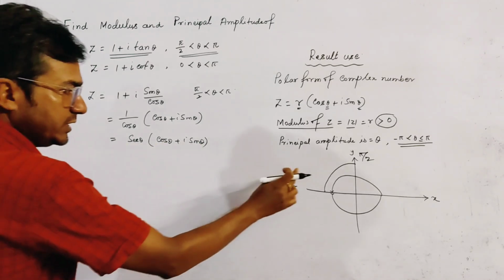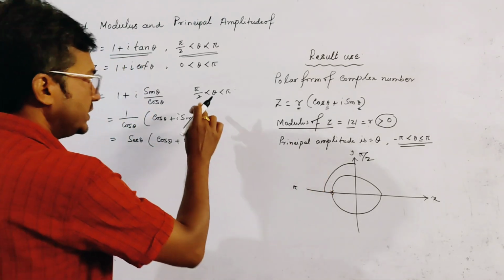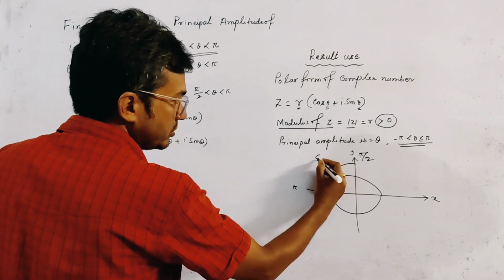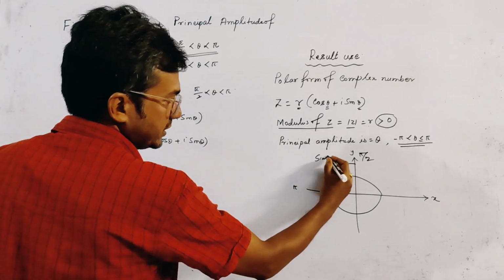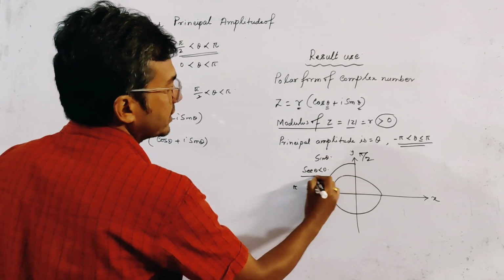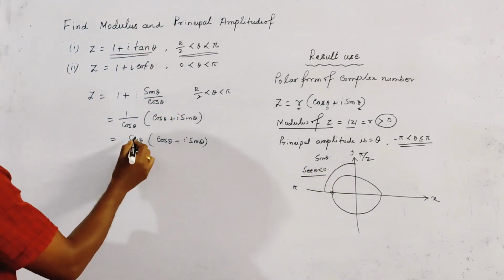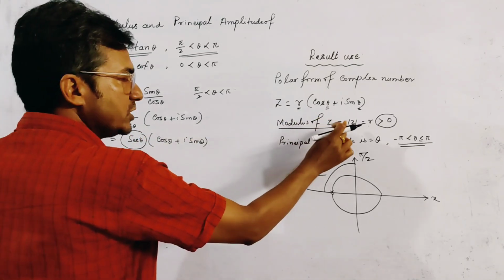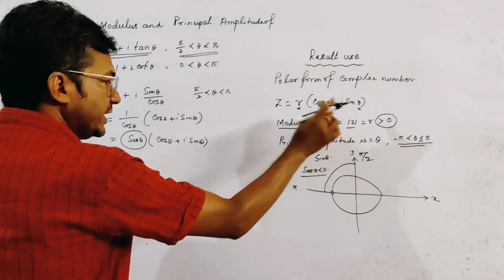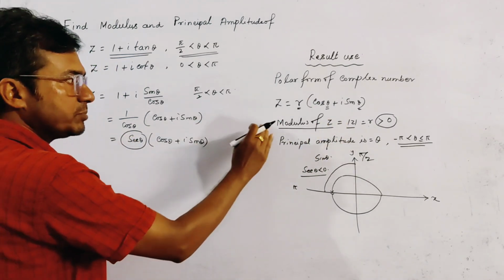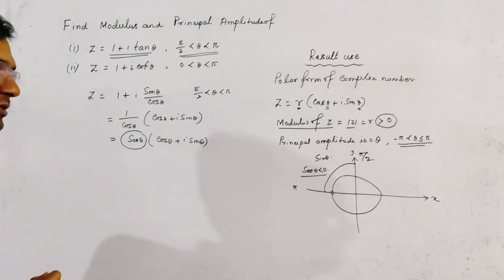We know that in the second quadrant, that is in this range of theta, sec theta is negative here. Okay, and if we compare this value with the modulus of the complex number, then it must be positive. Otherwise it does not represent the modulus of z.